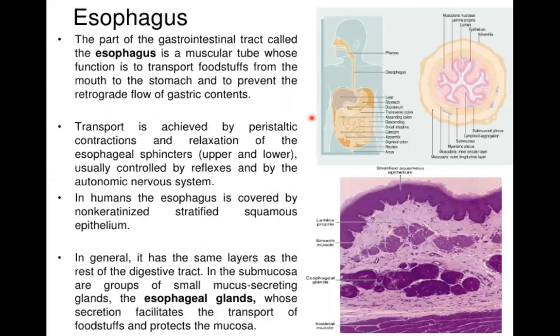For the esophagus, starting from the mucosal layer, the mucosa, as we know, consists of three layers: the lining epithelium, lamina propria, and the muscularis mucosa.